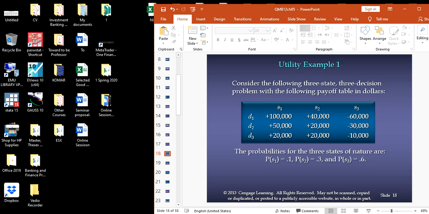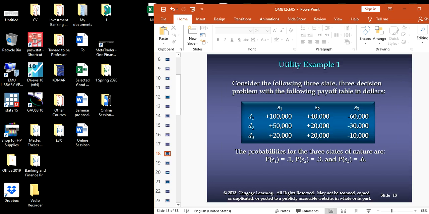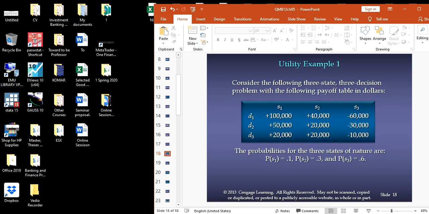Decision 3: 20, 20, or minus 10,000. The probabilities for the 3 states are here. 60% this outcome will occur, 30% this outcome will be obtained, and 10% is the best case. Okay, so let's see how 2 different investors deal with this situation.